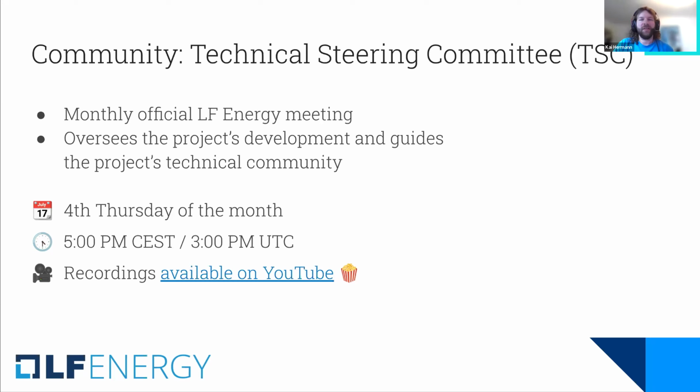But we also present just the current state of the project, what goes into our monthly source code releases, and talk about interesting things that happened in the last month in the EVerest community and events we attended.